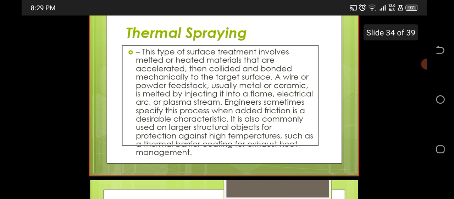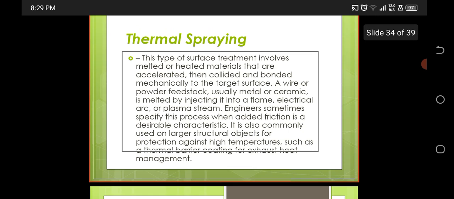First of all, we melt the material that is going to be coated on the target, and then we accelerate this material so that it collides with the target and mechanically binds on the surface of the subject or the target.